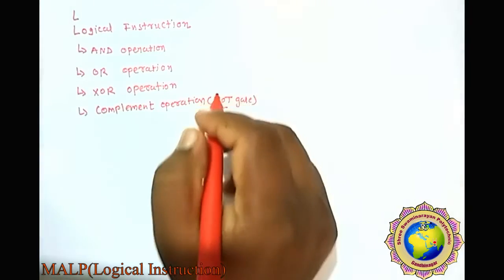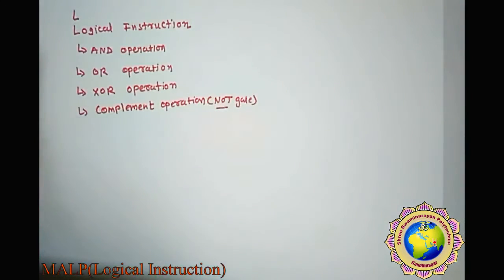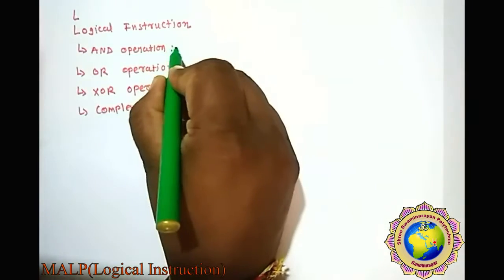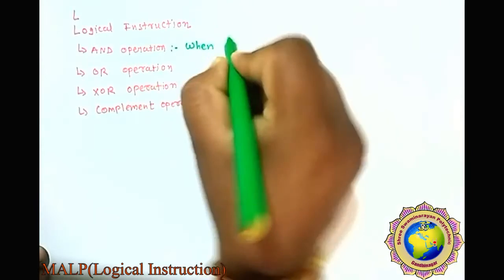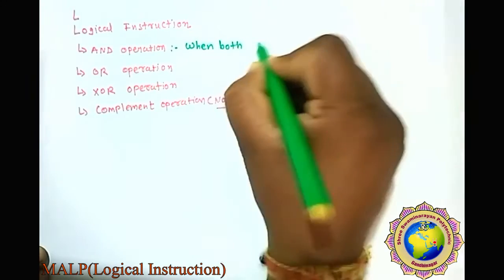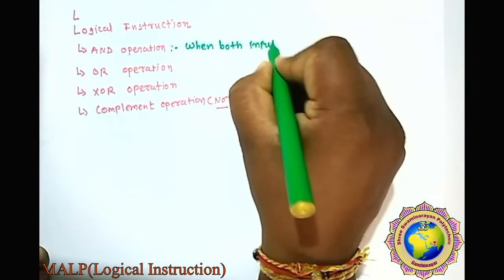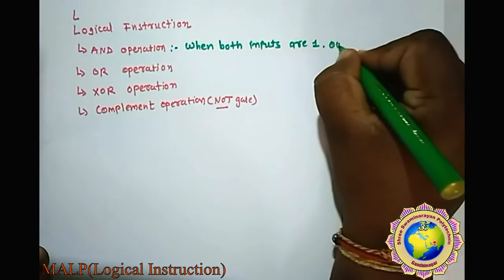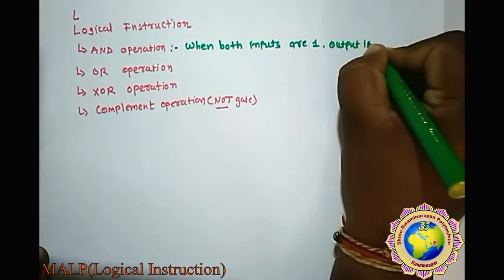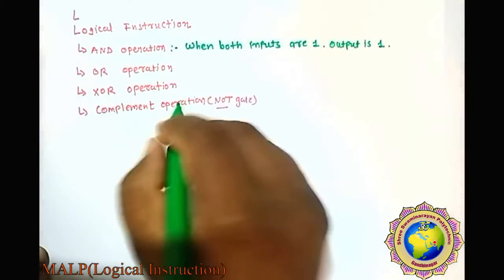What is the meaning of AND operation? The meaning of AND operation is when both inputs are 1, output is 1, otherwise it is 0.